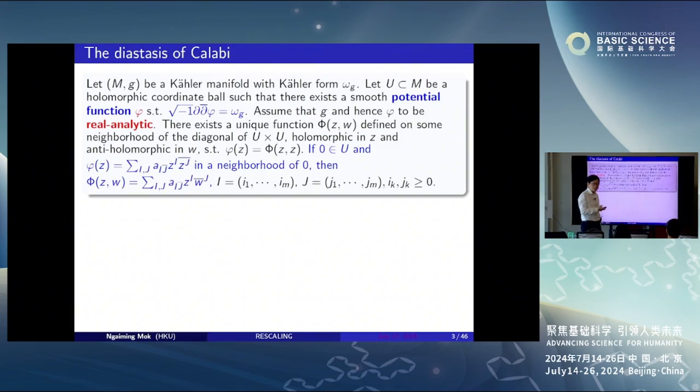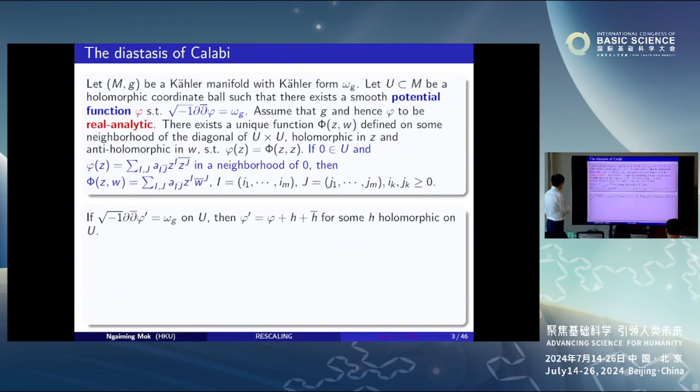When you have a function that's real analytic, you can introduce an auxiliary holomorphic variable or set of variables, which is the w here. And so the function small phi of z is simply big phi of z, z-bar. So the function big phi is then holomorphic in z and anti-holomorphic in w, like the Bergman kernel.